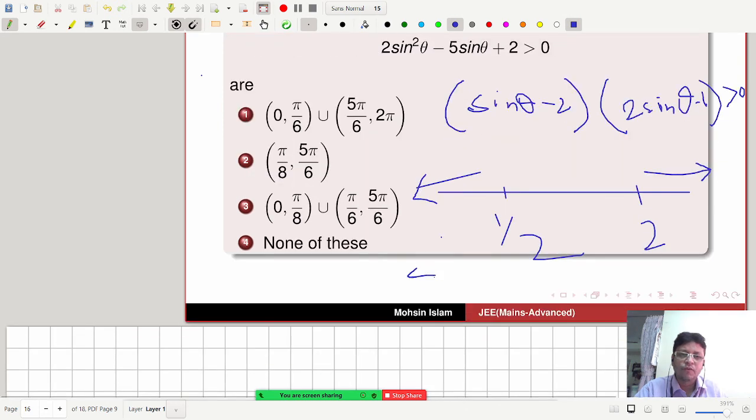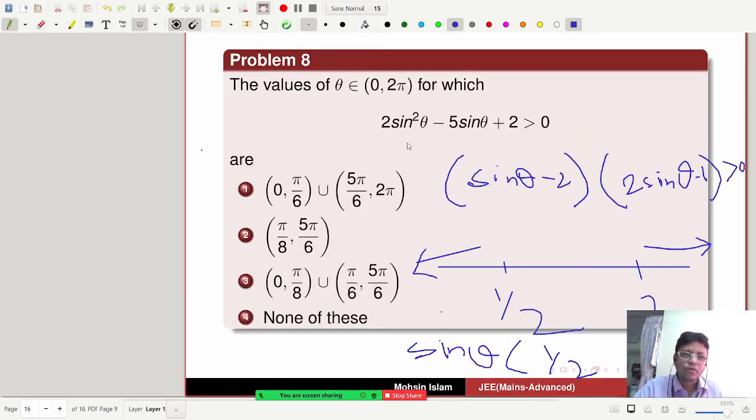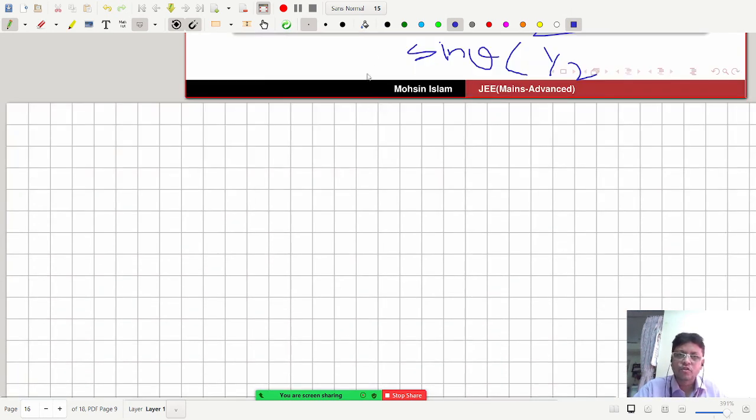So you remain with sine theta less than half. That's the only possibility you have. That's it. So now let's draw the diagram.